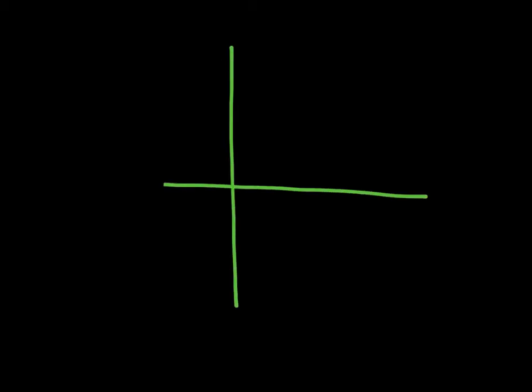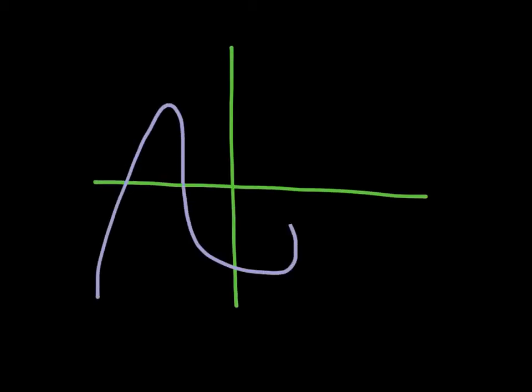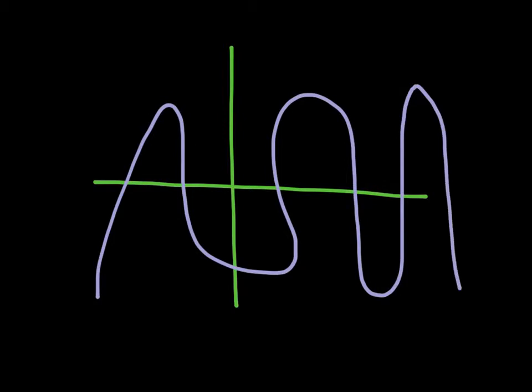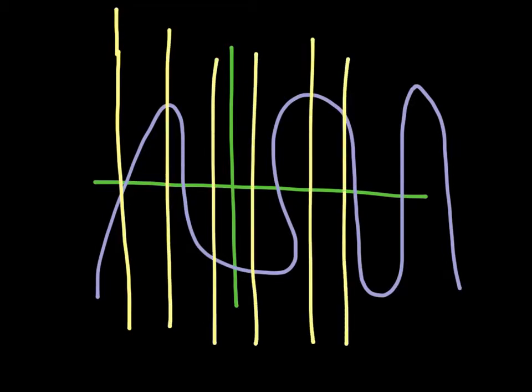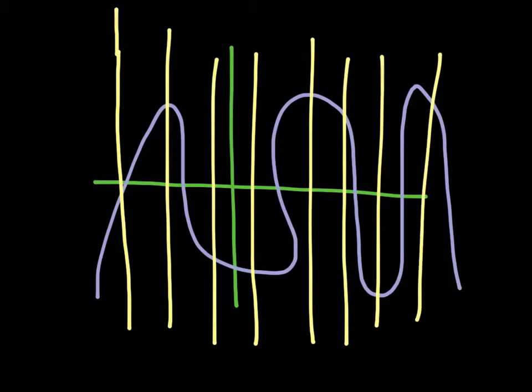So let's say we create this graph with waving lines. One way to test if this is a function or not is called the vertical line test. So what you do is you make vertical lines stretching from wherever you want throughout the graph. If there's any point where one vertical line is intersecting the graph twice, that's when you know this is not a function and is a relation.